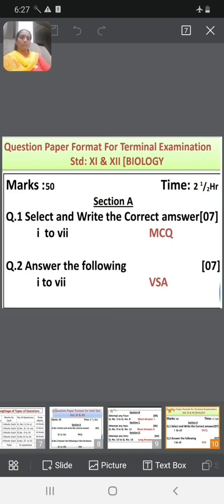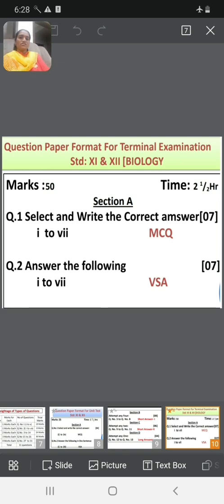Then the question paper format for the terminal examination, means the term end exam. Term end exam is for 50 marks, 2.5 hours are given for solving the paper. This paper also shows 4 sections. Okay, unit test for 25 marks and terminal exam for 50 marks.